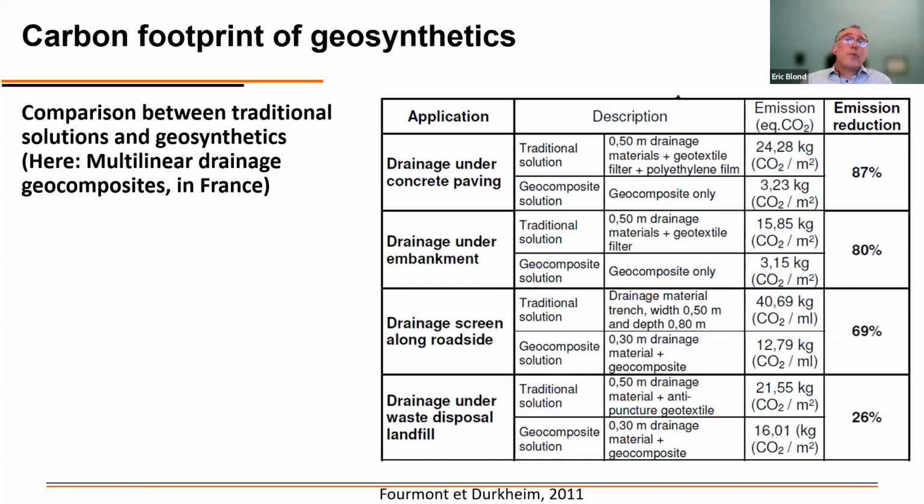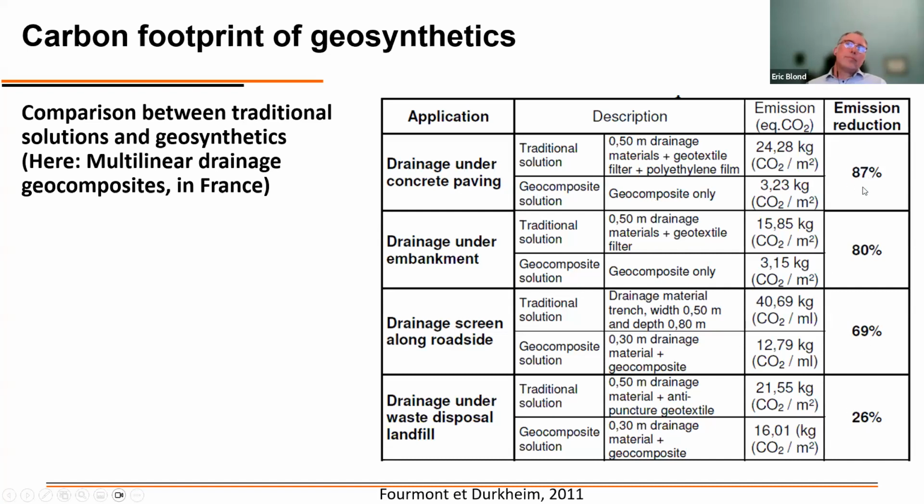An example with numbers that I could find, which I thought was interesting, was for multilinear drainage geocomposite in France. So this analysis was done in 2011, and the numbers they calculated would show reduction of carbon footprint by anything between 25 and 87%.